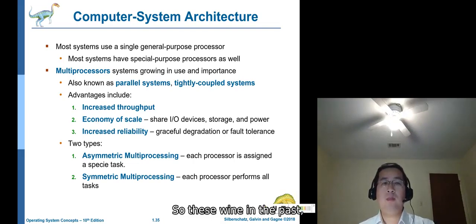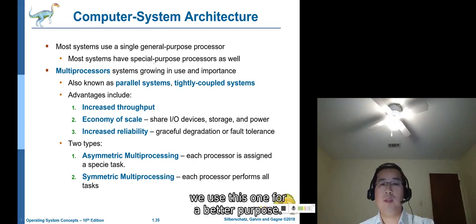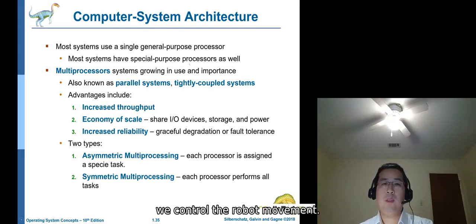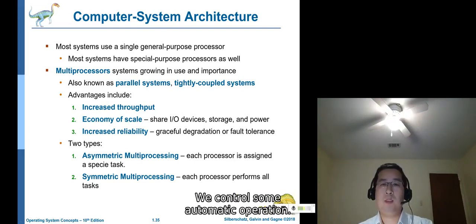In the past, we used this one for special purposes. For example, for industrial control, we control the robot movement, we control some automatic operation, and sometimes even in one computer system we may have some special smaller systems just to control the storage transfer, the data transfer.